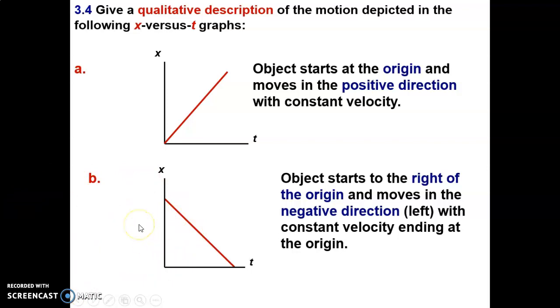So they're starting to the right, the positive side of the stoplight, and they're moving in the negative direction. They're moving left towards the light with a constant speed, and their constant speed ends when they get to the light. So you could say that this car is moving away from the light at a constant speed, and you could say that this one's moving towards the light at a constant speed.